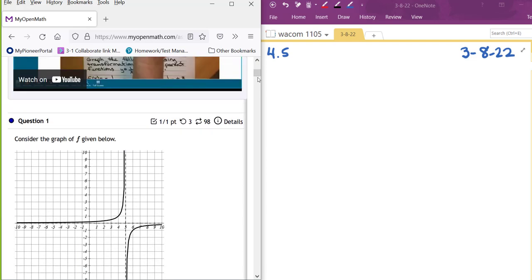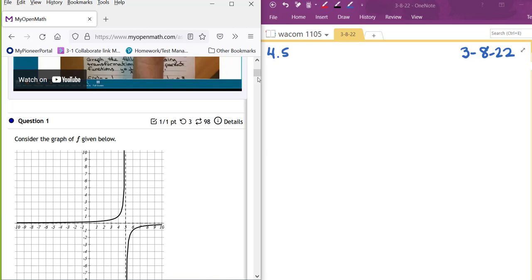Asymptotes are lines that don't really appear on the graph, and we show them with dotted lines, and it's what the graph goes toward as you go to infinity. So as you get larger and larger values, it approaches this line, and this one is the horizontal, and this is the vertical.